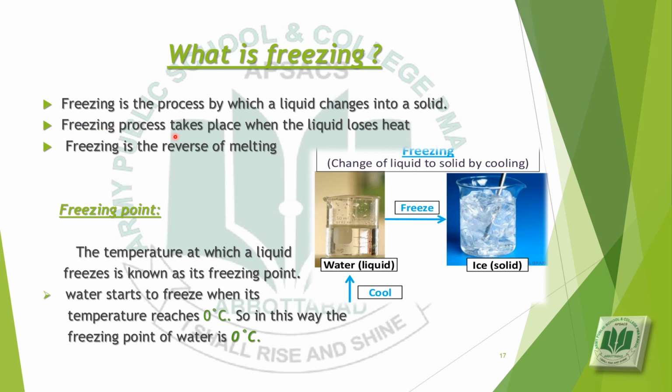The freezing process takes place when the liquid loses heat. Freezing is the reverse of melting. Students, here we have an example of water. In the freezing process, water starts to freeze from liquid state to solid state by cooling.